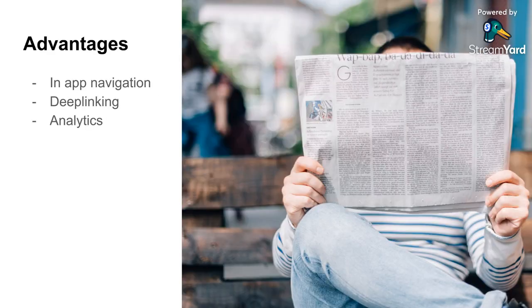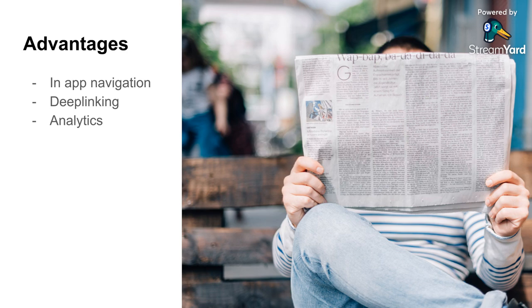So let me first tell you the advantages of hooking up your tabbed pages with GoRouter. If you do this, you get a better navigation experience, as you will be able to navigate right into a tab that you want with your router from anywhere inside your app.